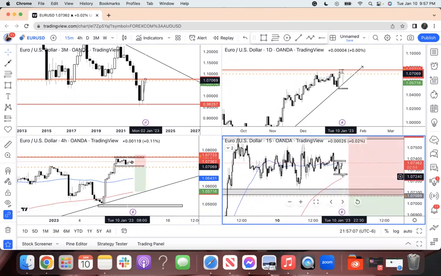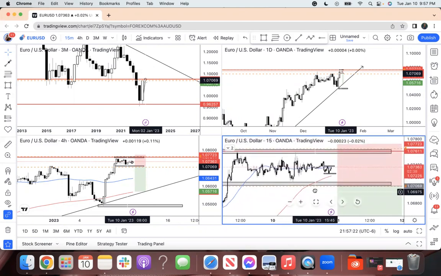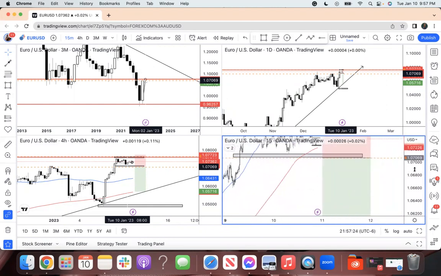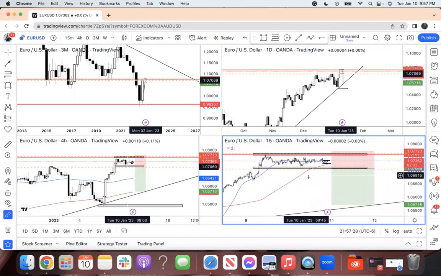And so this would be an aggressive trade that you can get in early. So you want to see price break above or below these areas, and then you can target these zones that we identified on the higher time frames.